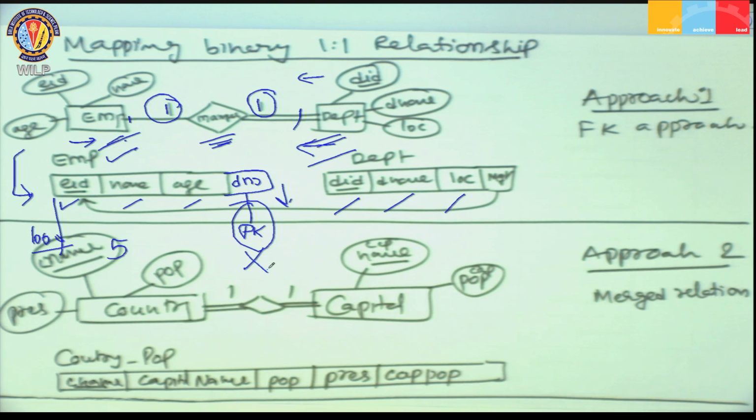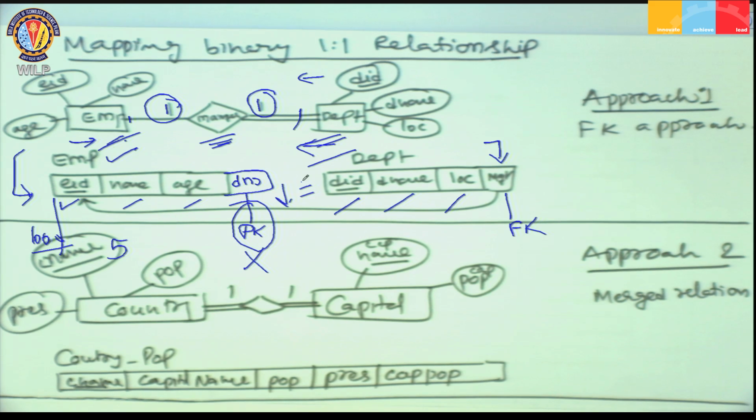The other possibility is I can include the manager SSN, which is a foreign key here in the department table, which refers to the employee ID of the manager of that particular department. Does it work? Yes, it is perfect, because I know that it is a one-to-one relationship, and the participation of the department entity type is total in this relationship.